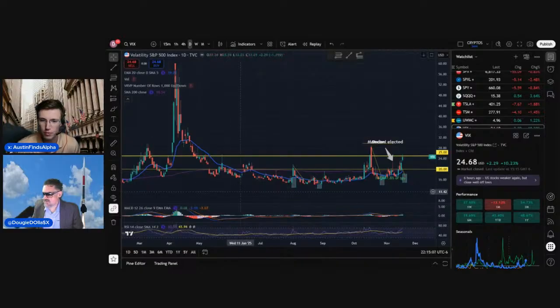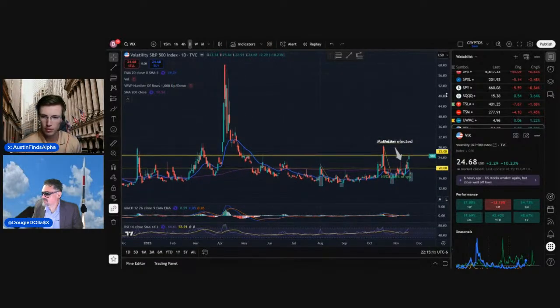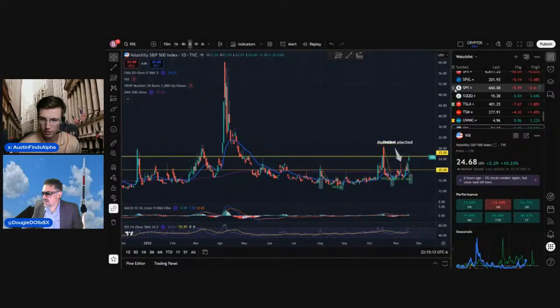So this is the VIX in 2025. All right. So if I'm buying calls on VIX or I'm buying UVIX, I'm looking for these spikes, right? And these are just exits. That's all they are, just exits.